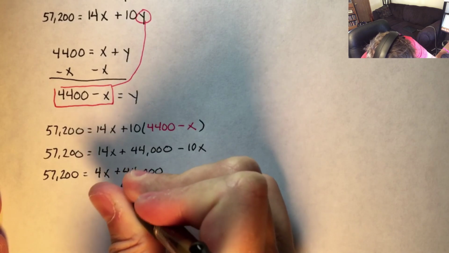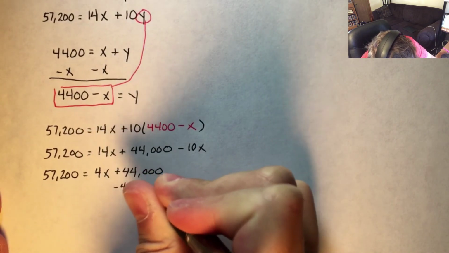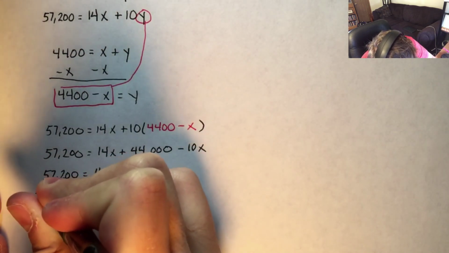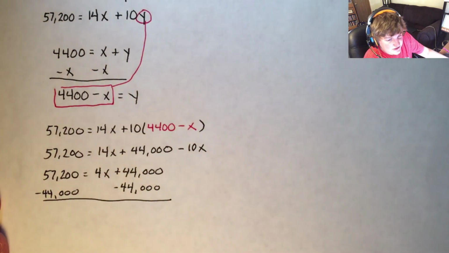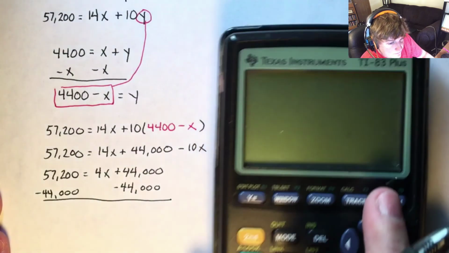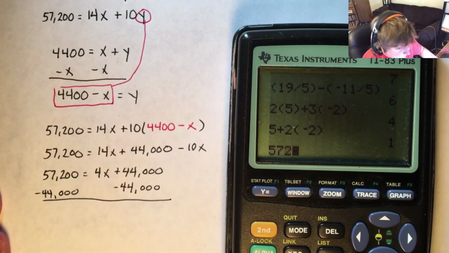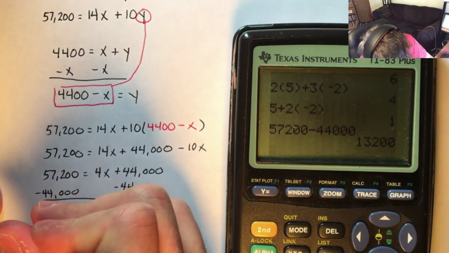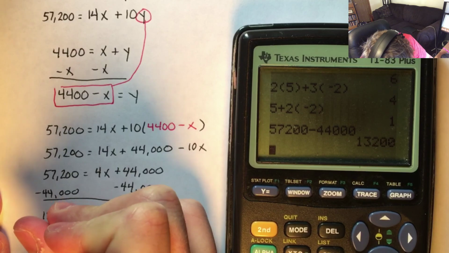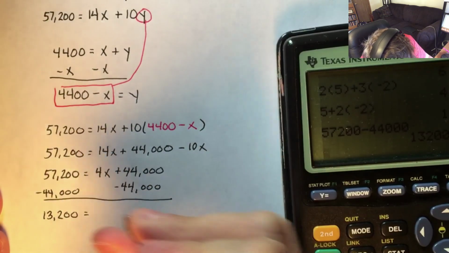And then I got to get the 4x by itself by subtracting 44,000. I'm going to get $13,200 is equal to 4x.